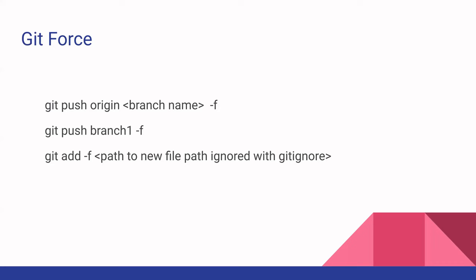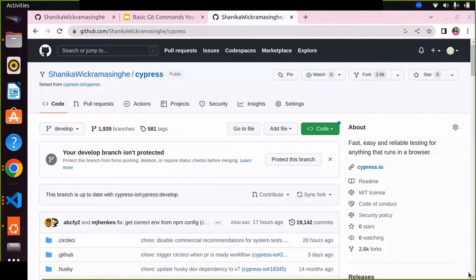So there, if you want to forcefully send that change, then you can use this git push command also with the -f option. So those are the scenarios where we use git force. Okay, so those are the main commands that I wanted to discuss during this.